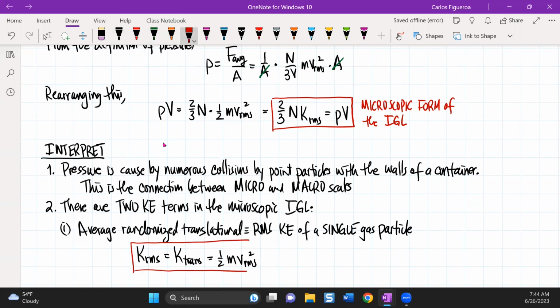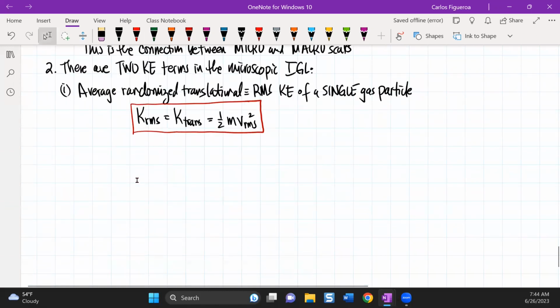That's one of the kinetic energies. There's a second. The second is the total kinetic energy, is what we call the internal energy, what we call K micro.